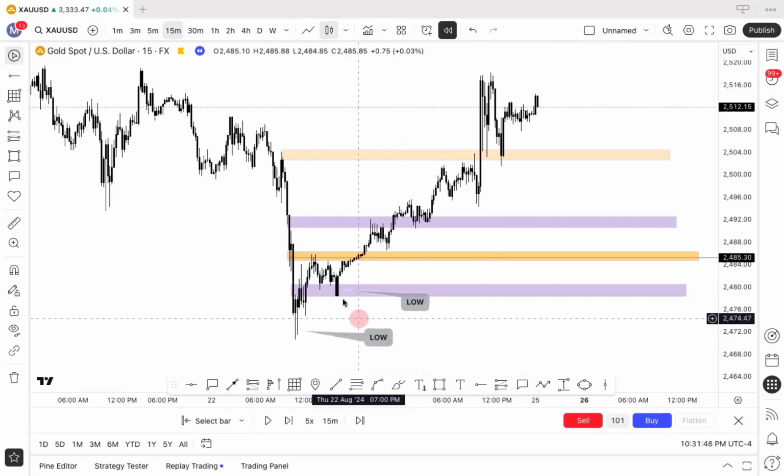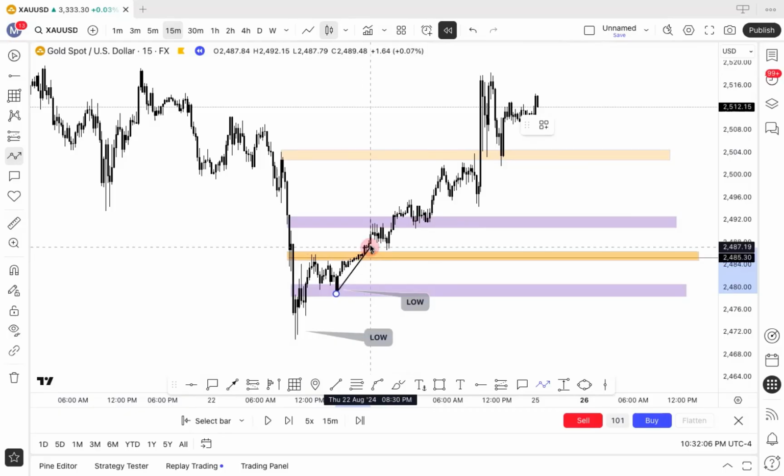So we have a low here. Above here is what? A high. So what would that be? It's a resistance, right? That being said, until this level gets broken and price breaks through it, again, understand what a break of structure is. This zone remains resistance.